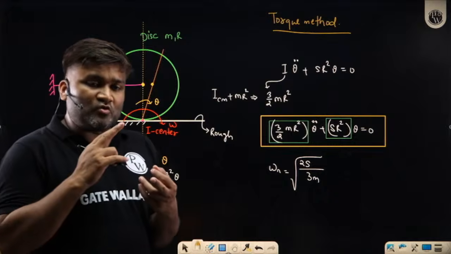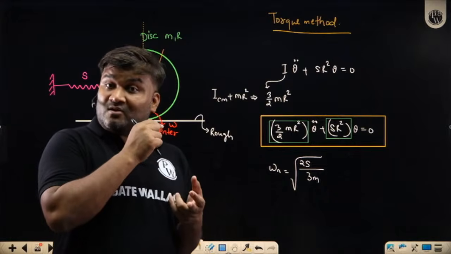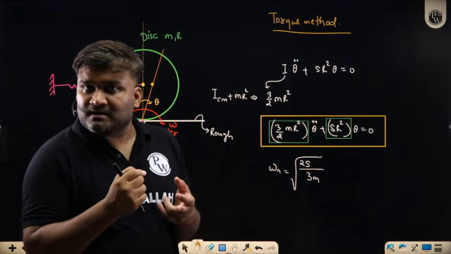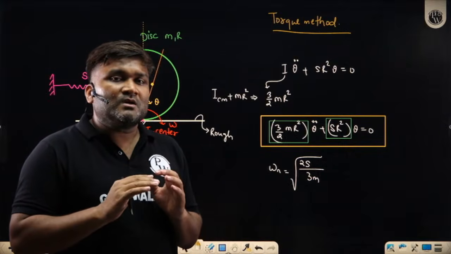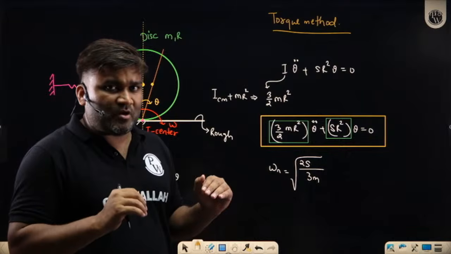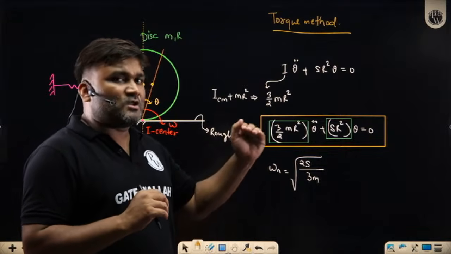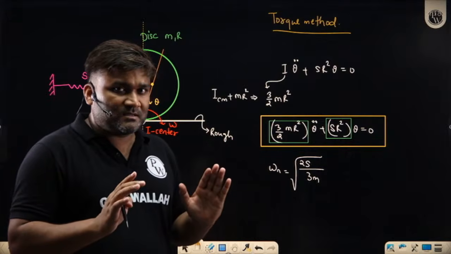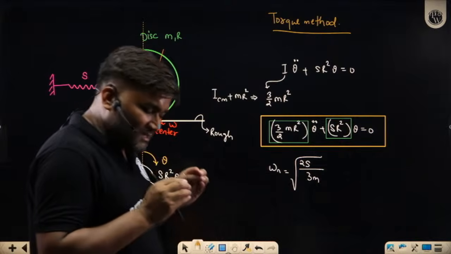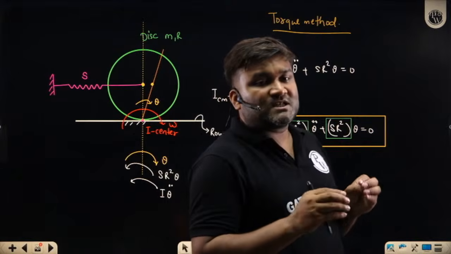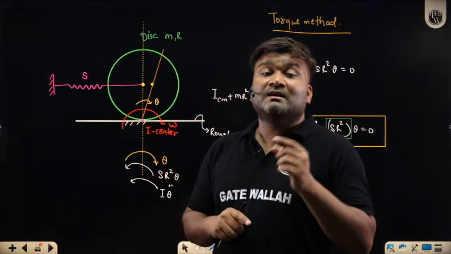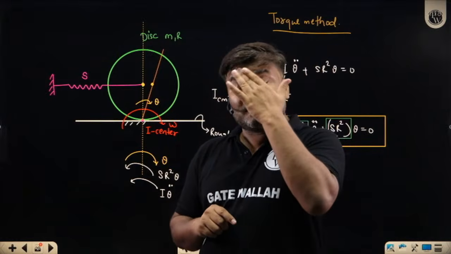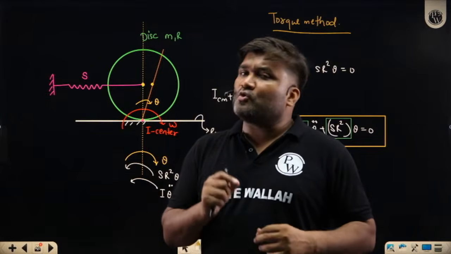So whether you solve by the energy method from the center of the body or from the I center, or you can also use the torque method. There are so many questions which can be solved either by this method or this method or this method. There are so many methods. Is it clear? Some restrictions are there. The torque method is applicable only in those situations where I can see the body's pure rotation.